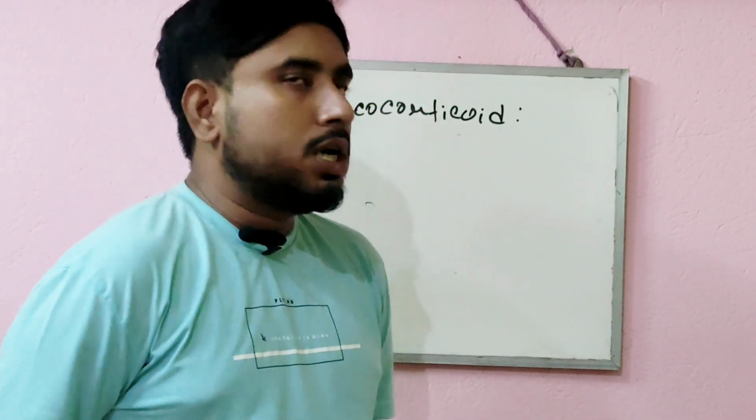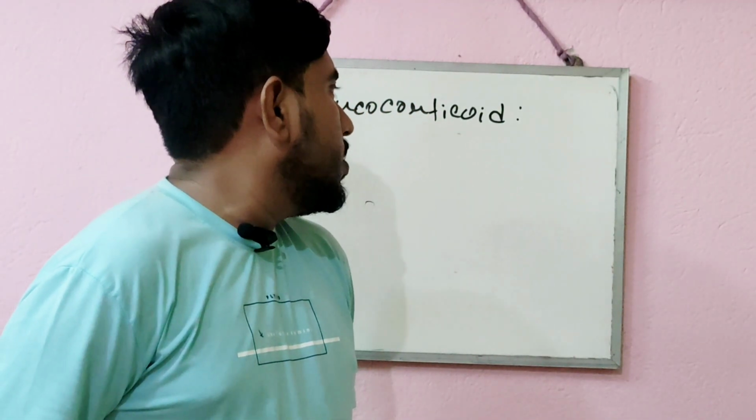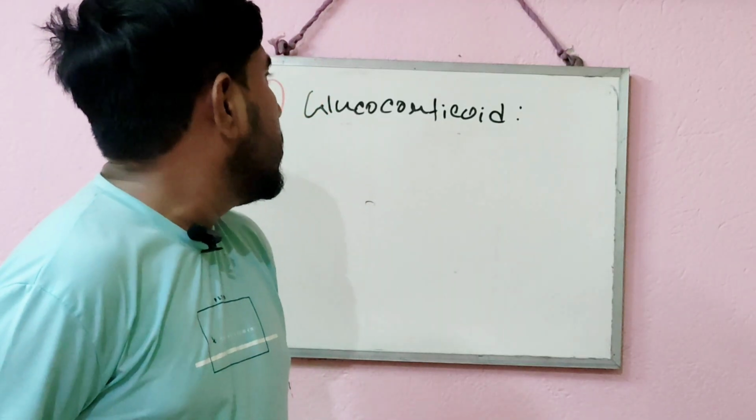So by that I have finished the total portion of asthma and the drugs used in asthma. Next class we are going to discuss a new topic. For today this is enough.